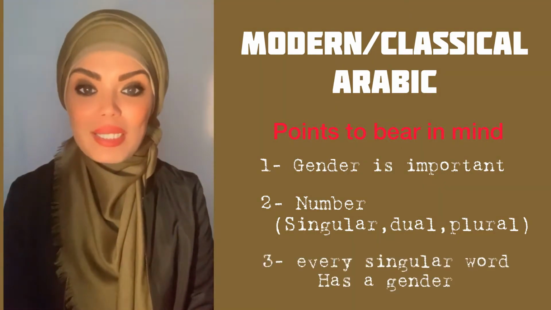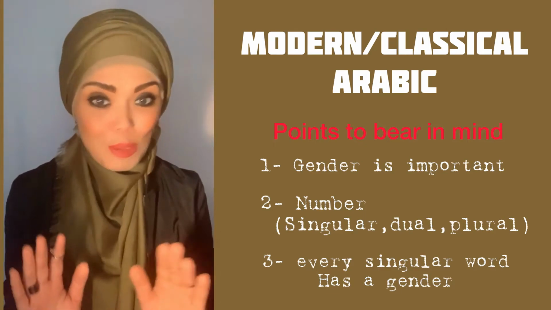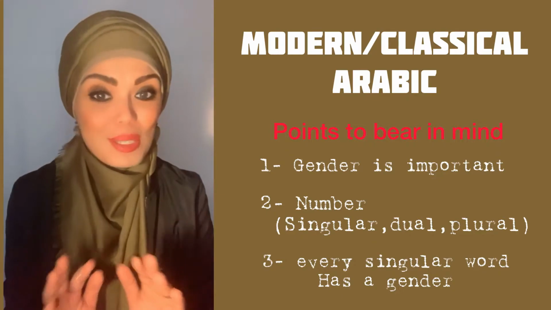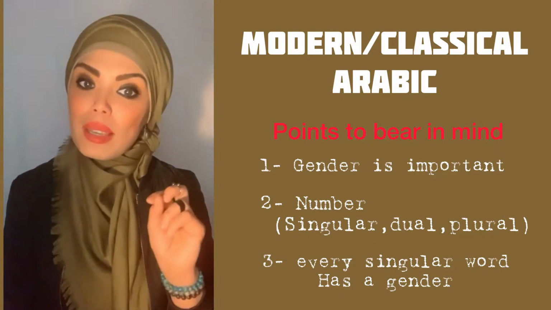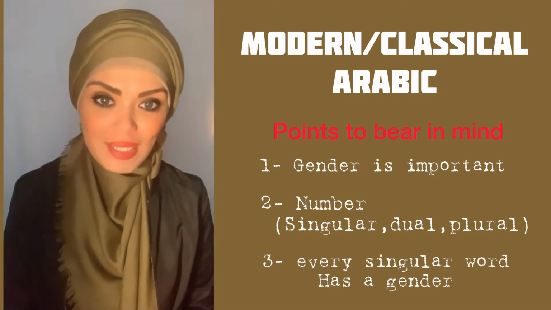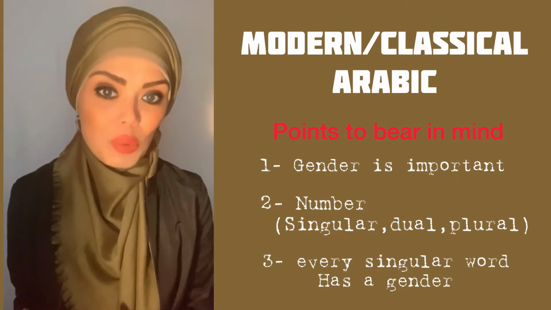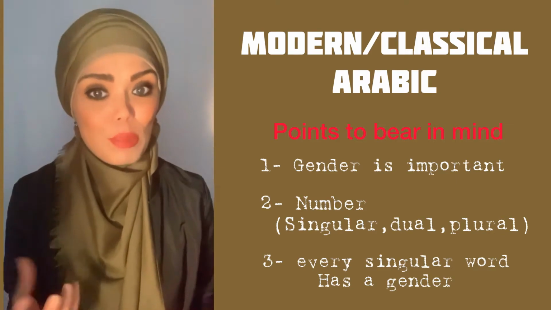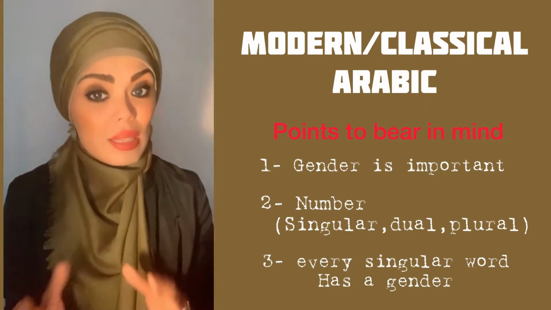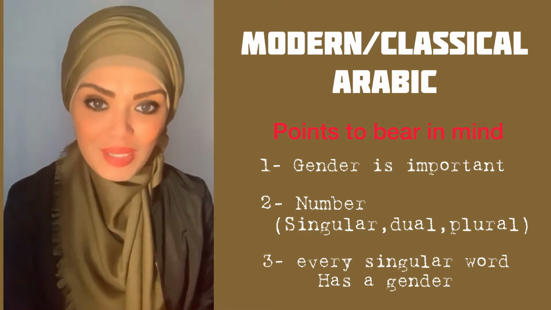The third point: every single word in Arabic has a gender. You might be surprised by this, but this is very, very important. We have two kinds of genders. The physical actual gender is when we are speaking to humans. So a man is masculine and a woman is feminine, and this physical gender is also the grammatical gender.